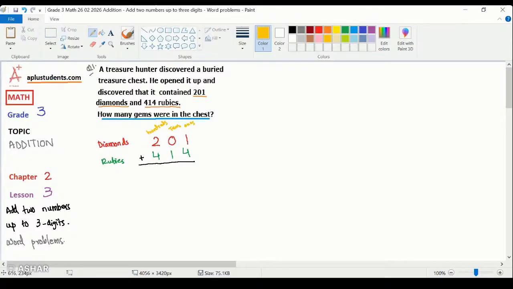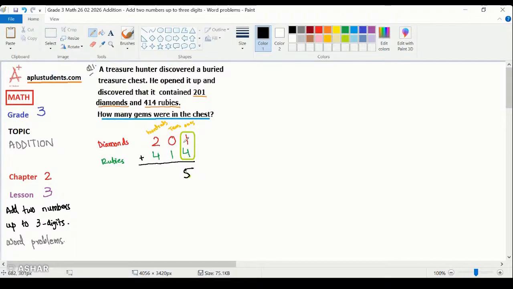Let's add the numbers. See, first we add the ones. 1 plus 4 is 5. Agreed? Then we add the tens. 201 diamonds, 414 rubies.